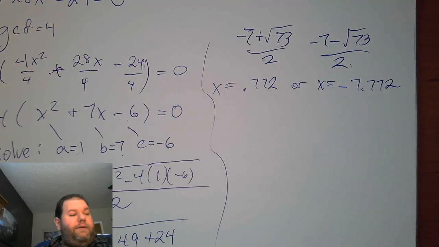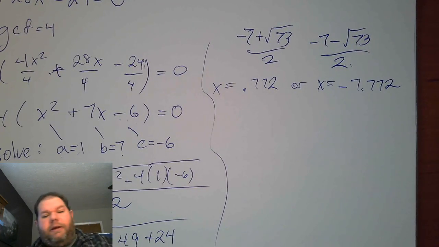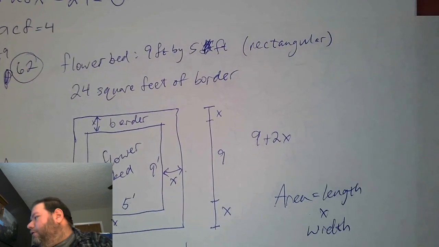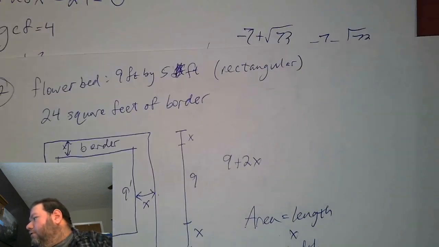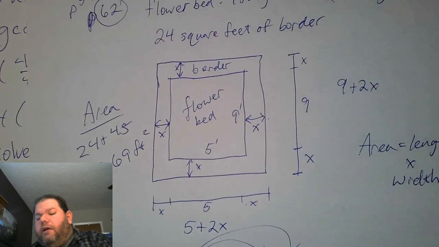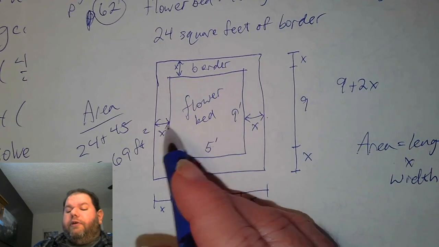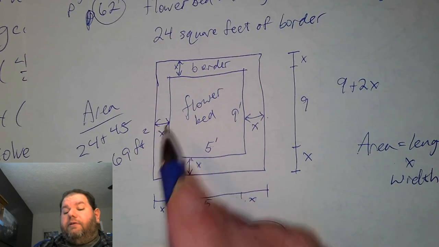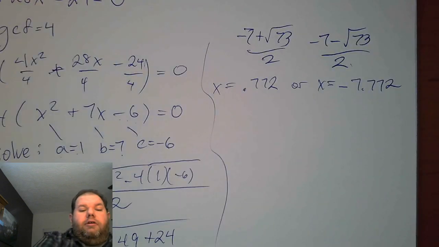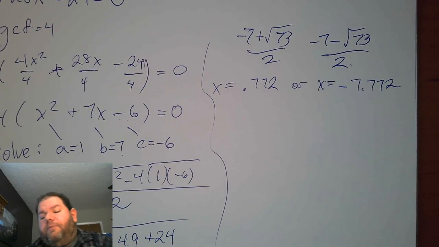Now, going back to our picture here, x is the width of the border in feet. Is it possible for this width to be a negative number?